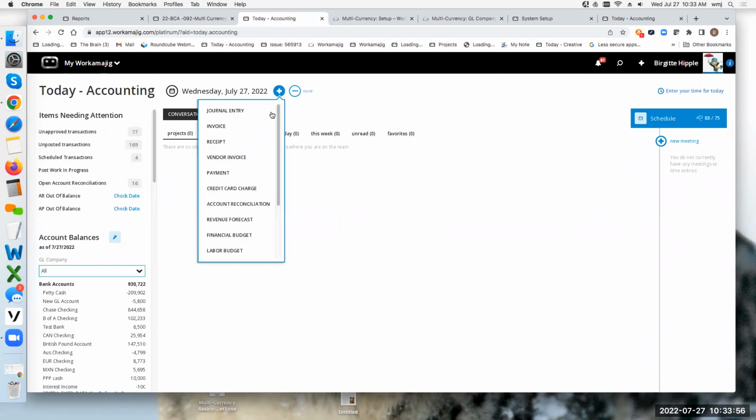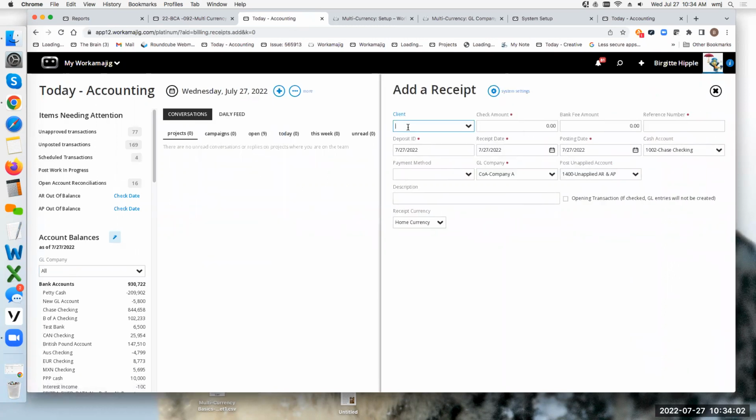If we go and talk about payments or doing a receipt. So if we get the receipt for my BCA client, now you really have to be careful on which checking account, because this is going to default to my cash checking account.